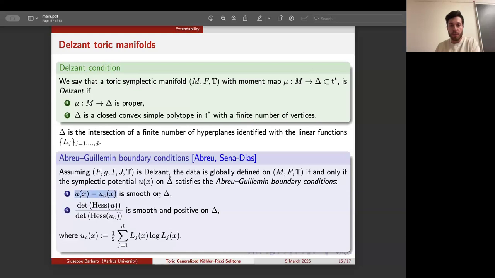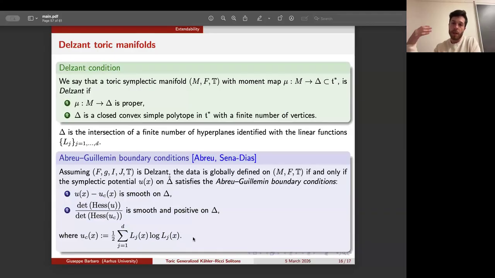You need the difference of this potential to be smooth, and also this thing to be smooth. And here U_C is the standard Kähler potential.